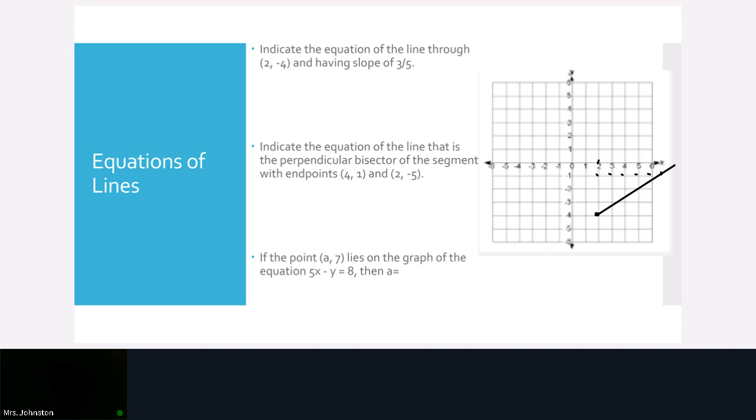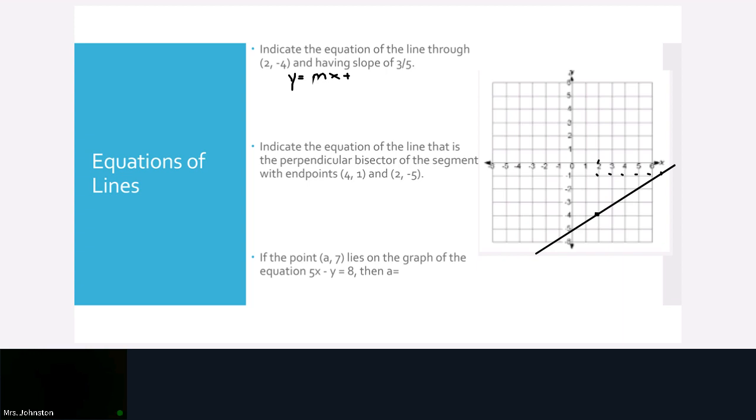Now, does this help me calculate the equation? Well, I'm going to show you a skeleton equation that is linear. It's y equals mx plus b. By now, this should look familiar to you.